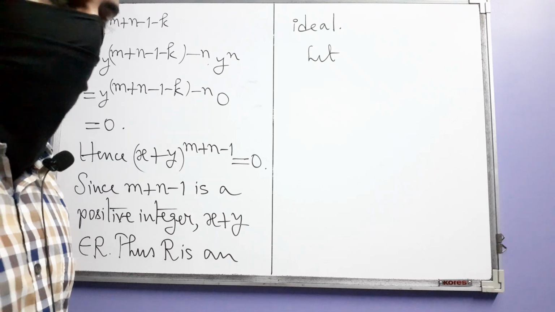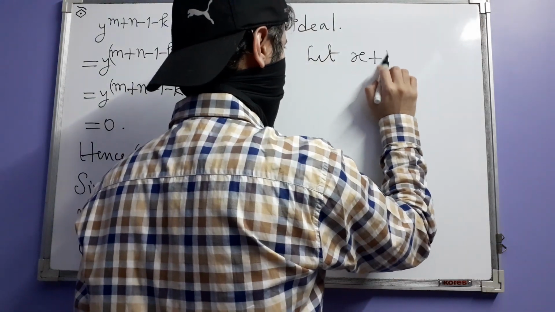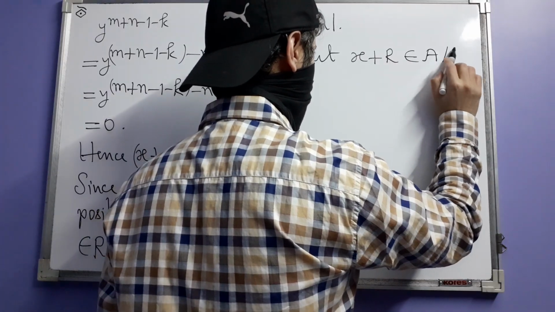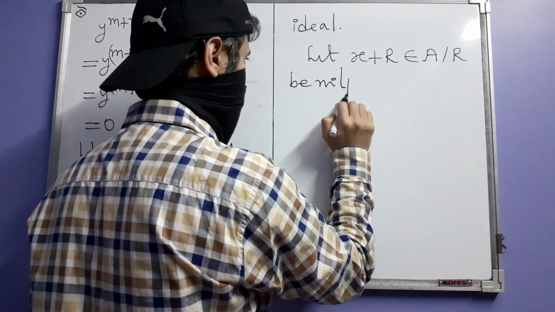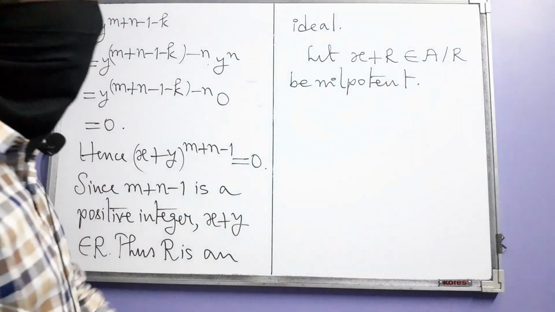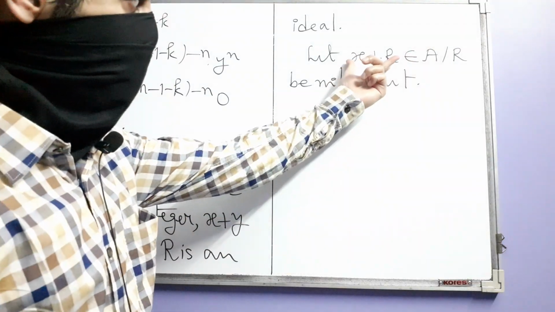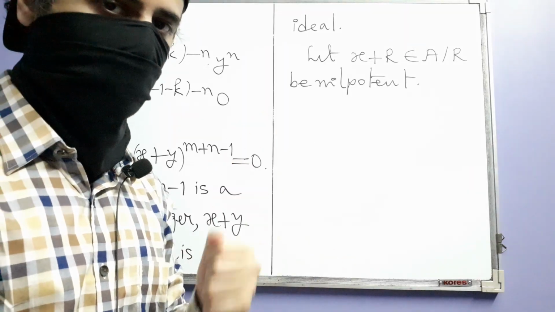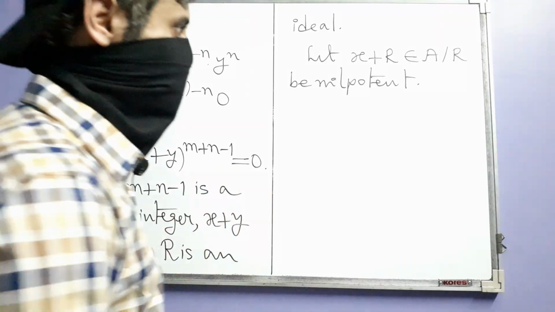It's a coset of the ideal R. So it will look like this, x plus R nilpotent, where of course it's understood that x is an element of A. Now this being a nilpotent element in this ring means what? Some positive integral power will be equal to 0, 0 of that ring, which is R.